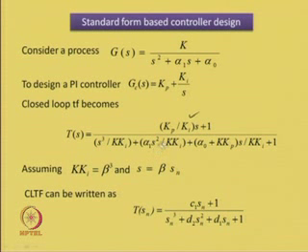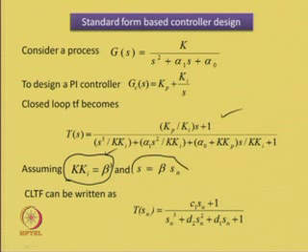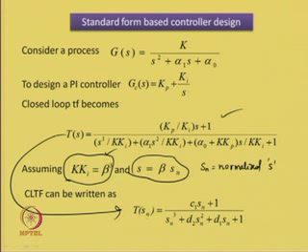So, when the transfer function has been obtained in this typical form, then assuming Ki is equal to beta cubed and s equal to beta Sn, where Sn stands for the normalized s in the Laplacian domain, the closed loop transfer function can be written as T(Sn) = (C1 Sn + 1) / (Sn cubed + d2 Sn square + d1 Sn + 1).